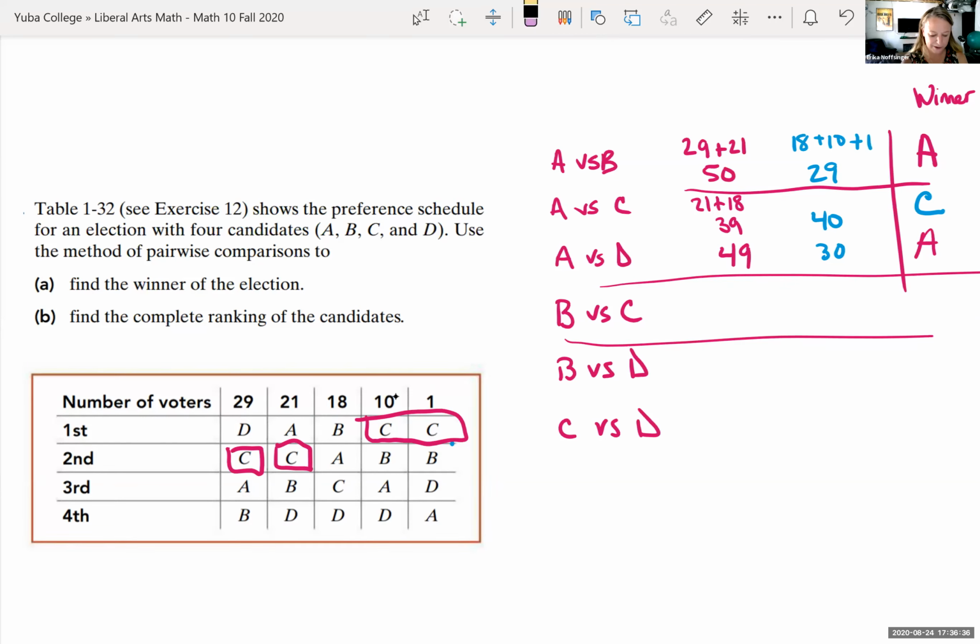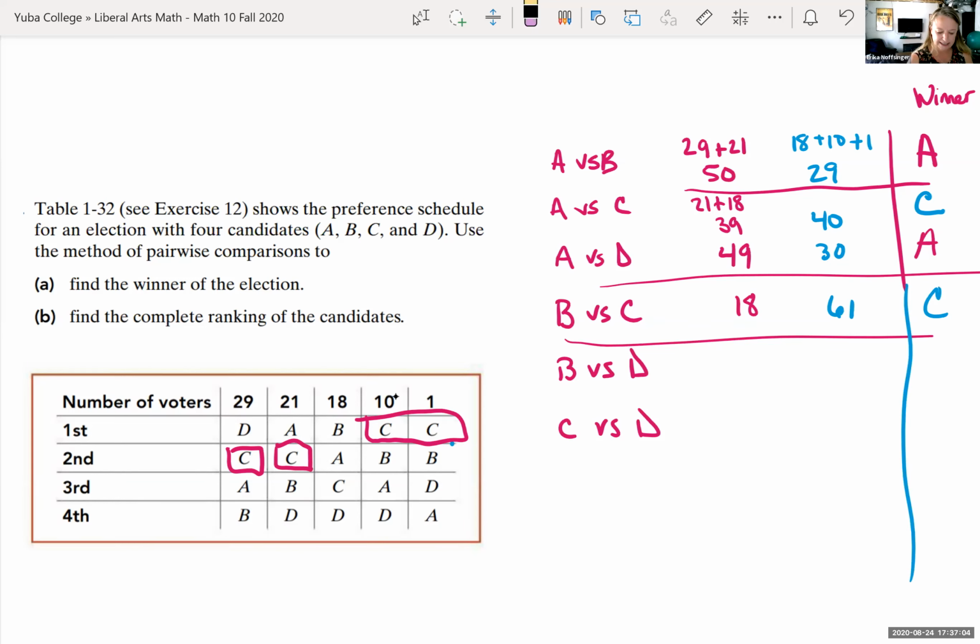I can see right away that B only had 18. So that would mean what, 61? Yeah. So C won out of this round.